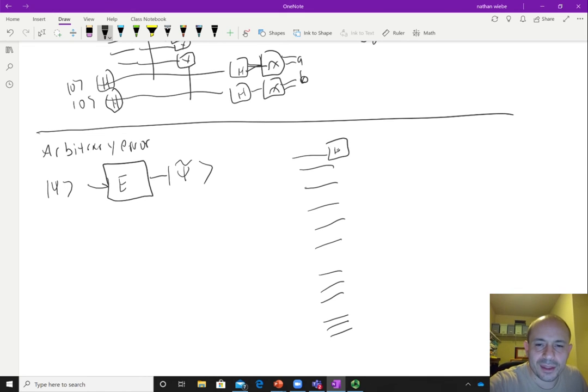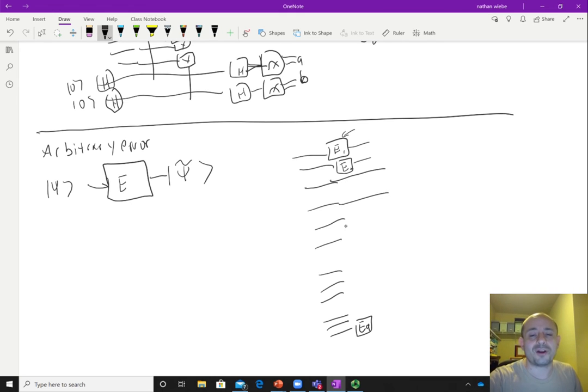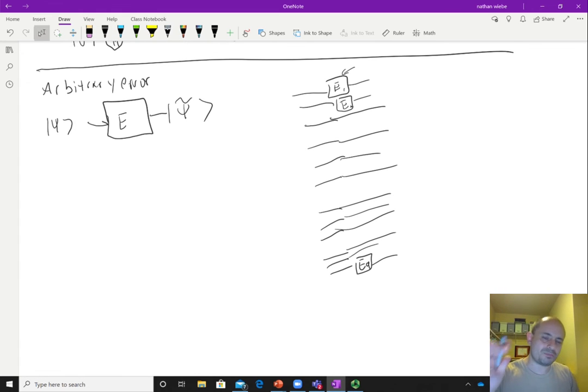It'll be like E1, E2, going all the way down to E9. So what I'm doing is I'm assuming that each of these error operators are uncorrelated. So any errors that end up popping up are on each of the qubits individually, all right? Which is a big assumption, but it's necessary in order to show that we can protect against an arbitrary error acting on a single qubit.